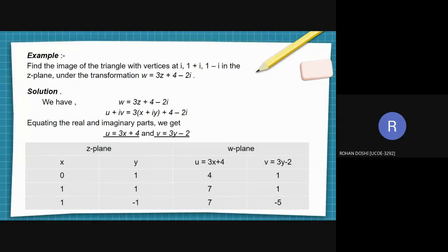By equating the real and imaginary parts, we get u equal to 3x plus 4 and v equal to 3y minus 2. Now plot x equal to 0 and y equal to 1, we get the value of u as 4 and v as 1. Now x equal to 1 and y equal to 1, we get u as 7 and v as 1. Now x equal to 1 and y equal to minus 1, we get u equal to 7 and v equal to minus 5.